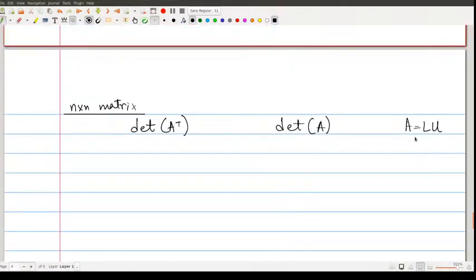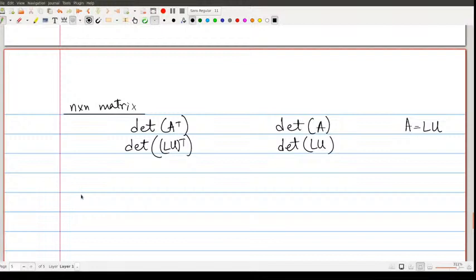So A equals LU, first converted into triangular matrices. Over here we'll have the determinant of LU transpose, and over here the determinant of LU. This transpose of a product can be written as U transpose L transpose.